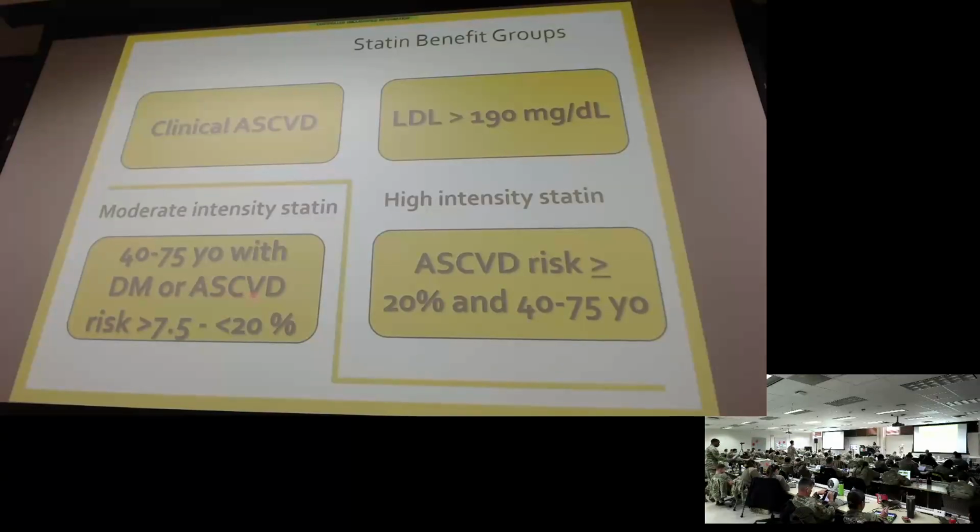Or you see the ASCVD greater than 7.5 but less than 20, because if they were over 20, what am I giving them? High intensity statin, okay? Also, if you're reading anything and you see that they have an LDL score that is greater than 190, high intensity statin. What if my patient had an LDL score that was greater than 190 and they had diabetes?